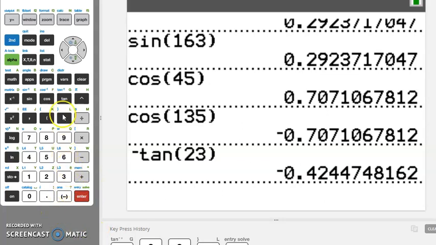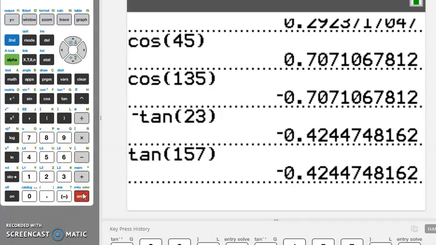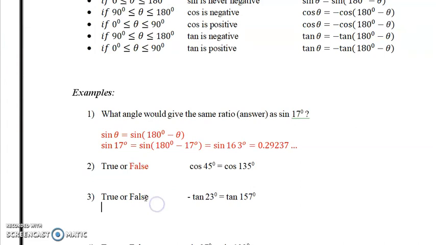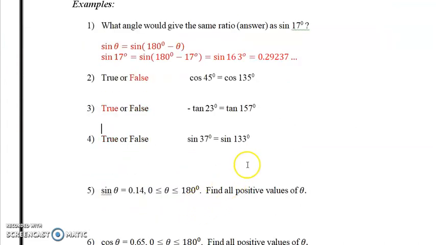And then we're doing tan 157, and that's also equal to negative 0.424. So that would be true. And we know this one is going to be true, 180 minus that, first scenario here. Double check it.